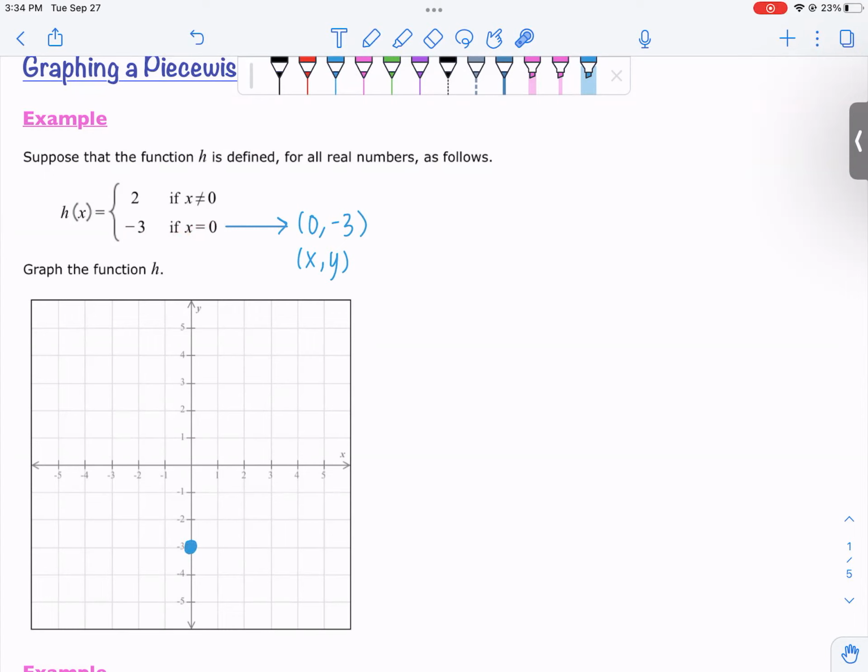We're good there. Everywhere else where x is not 0, it should be 2. This is going to be just a straight line, a horizontal line, at 2.